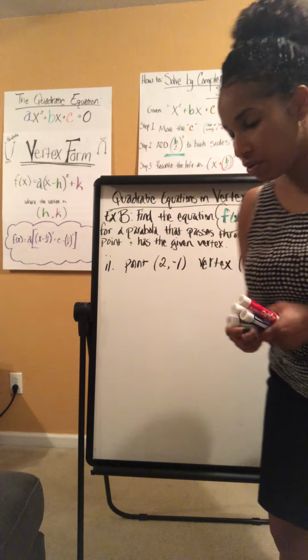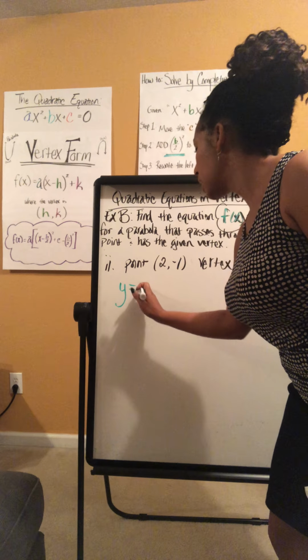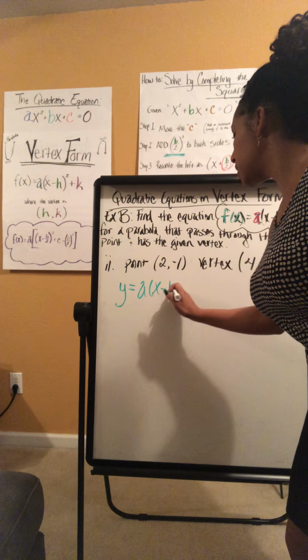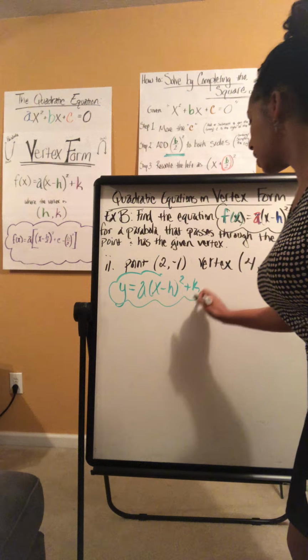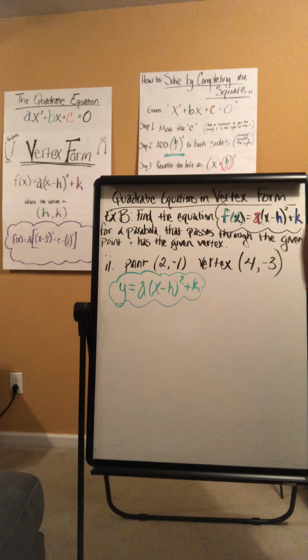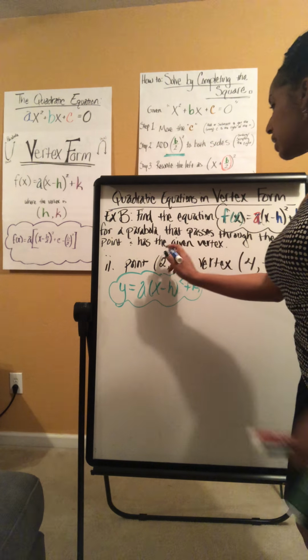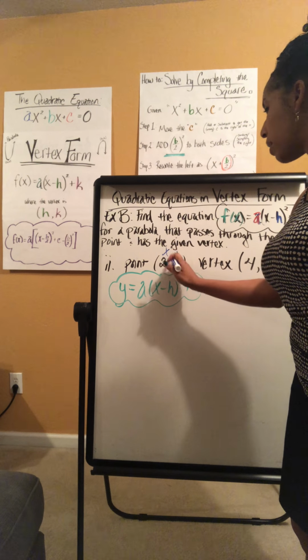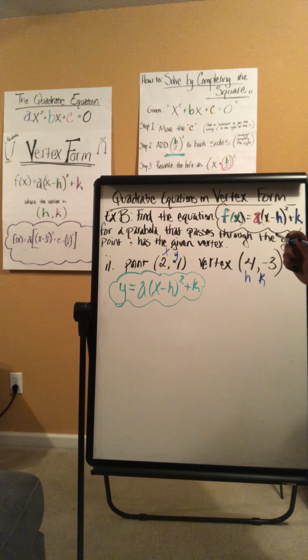Okay, so if we do this, I want to write the general formula here. I'm going to say y equals a times x minus h squared plus k. And I will fill in everything I know. Okay, I know that my point is my x coordinate and my y coordinate, and my vertex is my h and my k.